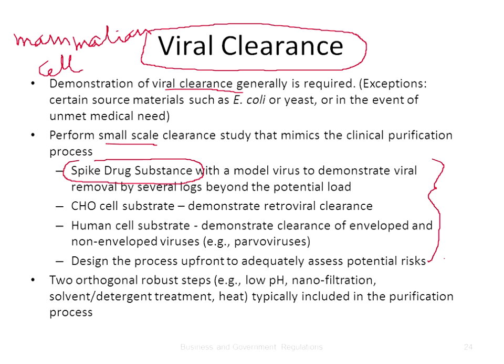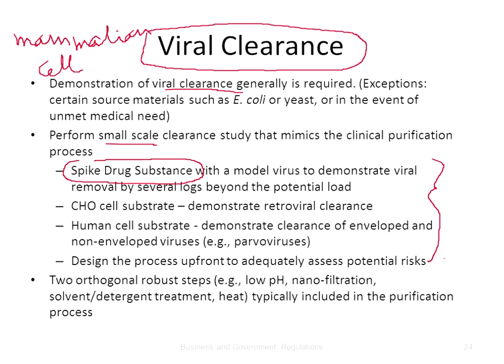So this is how you validate, and you often validate several logs higher than what you might actually see. So you have to show several logs of clearance of viruses.